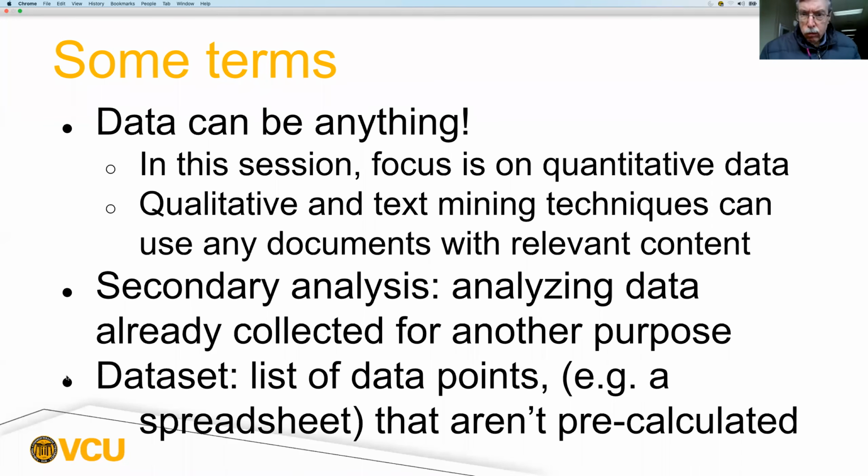It was collected as part of the census for voter redistricting and other census law stuff. But you might use it for a study on poverty and homelessness. We would call that secondary analysis because you're analyzing someone else's data and applying it to a new research question.